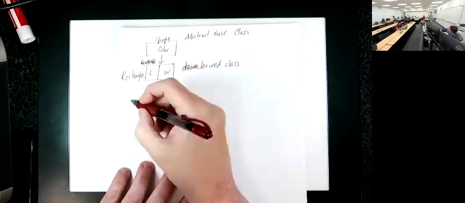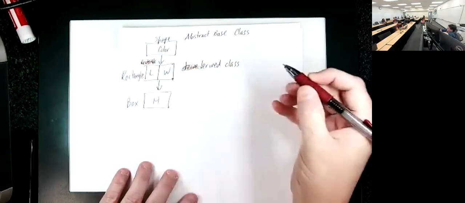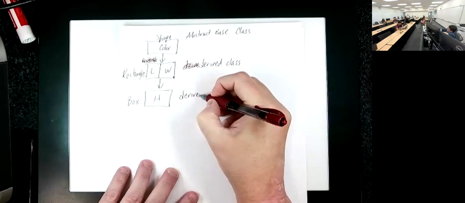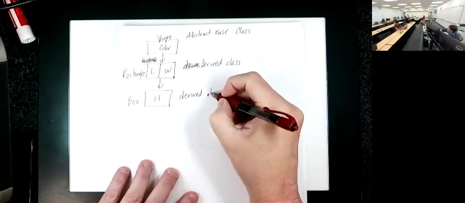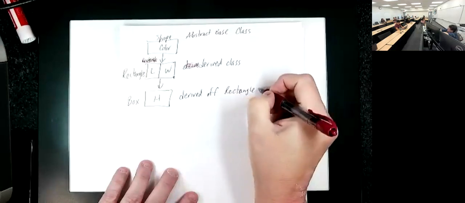And from rectangle, we had box. And all this had was height. And this is derived off of rectangle. So rectangle is a base class for this one.